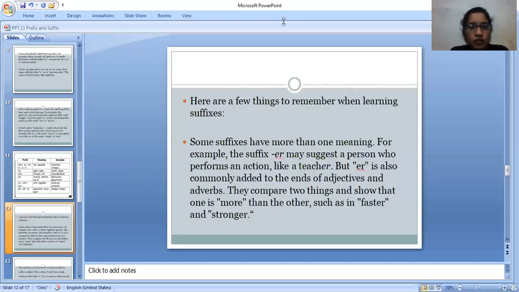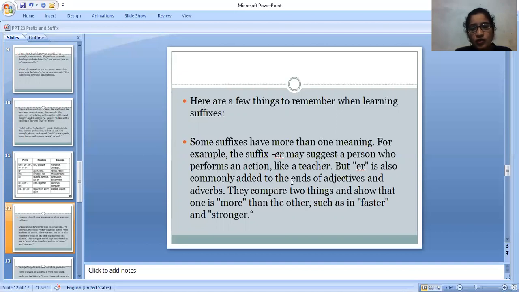Yes, and when you learn suffixes, there are a few things to be remembered. Some suffixes have more than one meaning. For example, the suffix er may suggest a person who performs an action, like a teacher. So the root word here is teach, and when you add er, right? So er is now making it a noun, right?